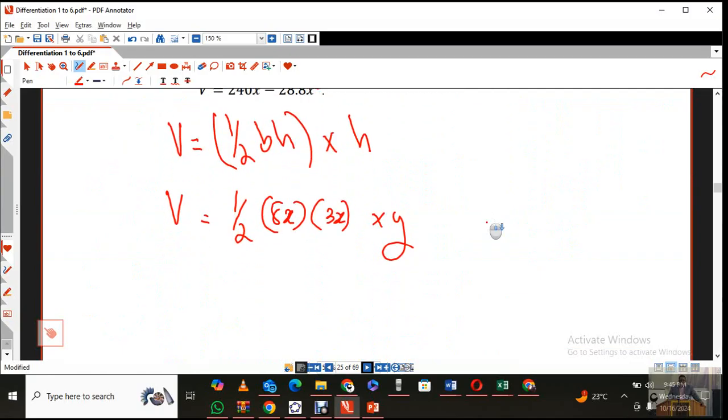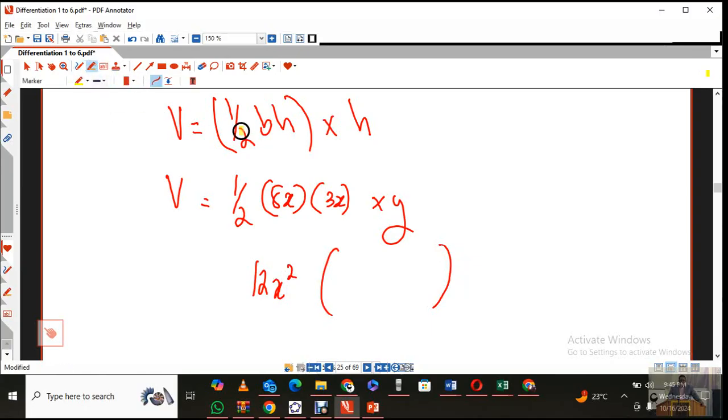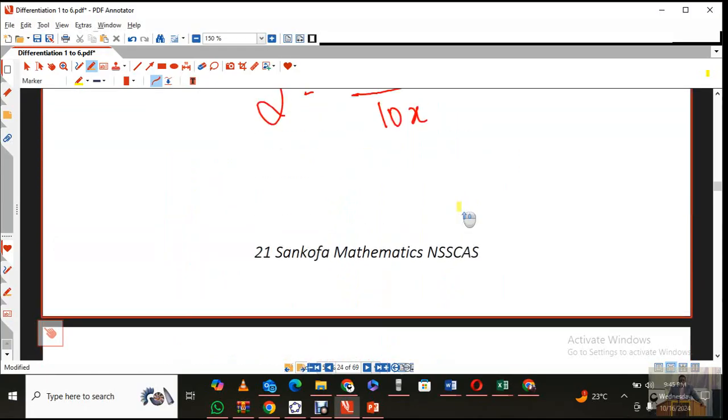Now we can just go ahead and clean this up a bit. This gives us 24x squared. Half of that is going to be 12x squared. The problem is our y from before, our y is now represented by that whole business that we had over here.